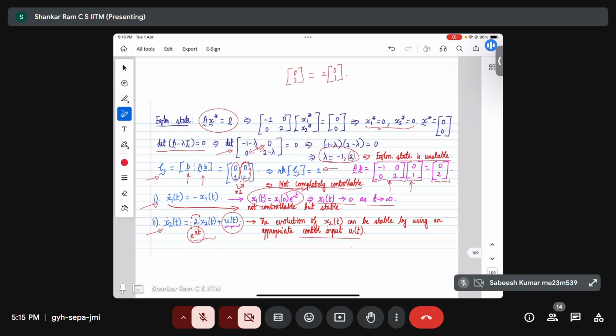So in this particular case, the dynamics of X2 is unstable, but fortunately, X2 is controllable. Because why? U of t is appearing in the equation. Then the dynamics of X2 is such that you and I can regulate the evolution of X2 and make it stable by designing an appropriate controller, and giving it an appropriate control input U of t.